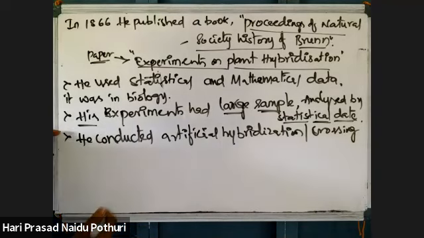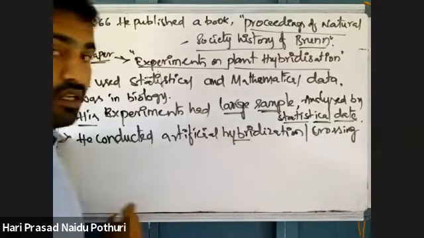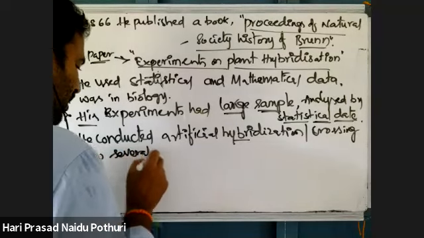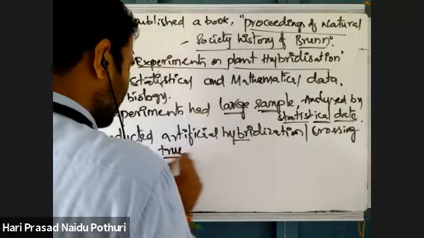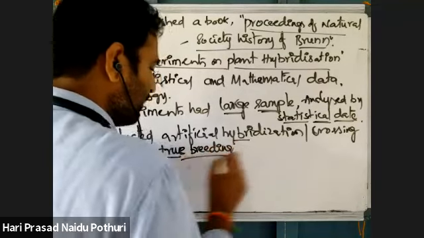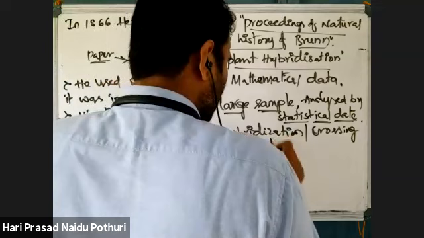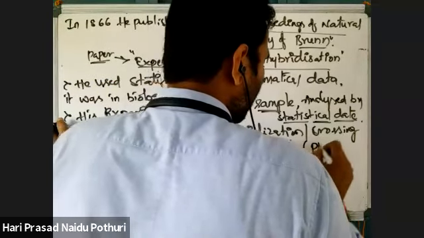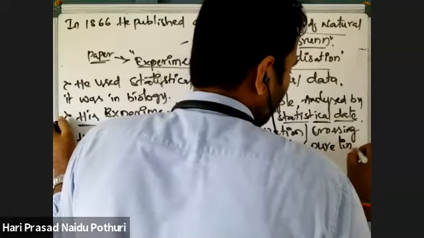He conducted artificial hybridization or crossing between several true breeding pea plants. True breeding means a pure line.